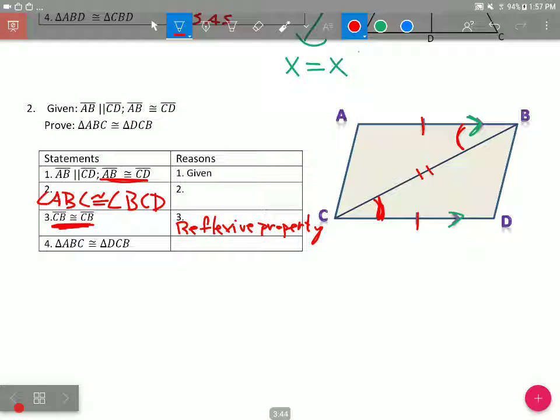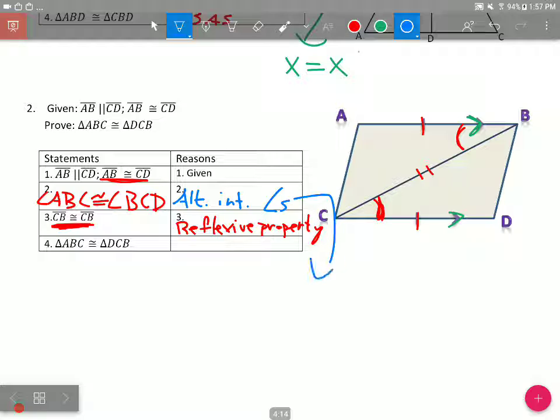And the reason for that, remember, parallel lines with a transversal have alternate interior angles. Now, honestly, for my students, I don't know about the others, but if you put alt int angles like that, I know exactly what you mean.